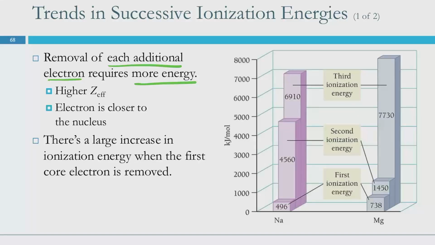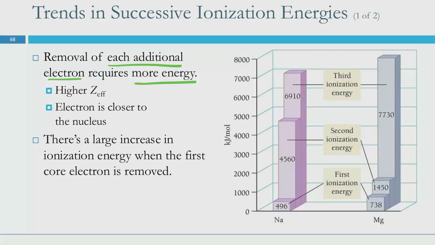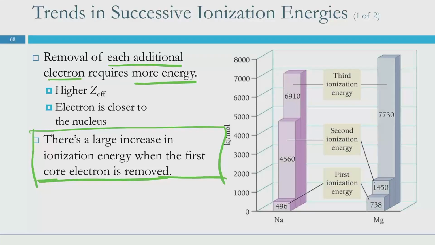We've just completed ripping off our valence shell. And then the third ionization energy, again, is huge because we're moving out of the noble gas configuration. We're taking an additional electron off. Another way that we could remember this is that there's a large ionization energy when the first core electron is removed.